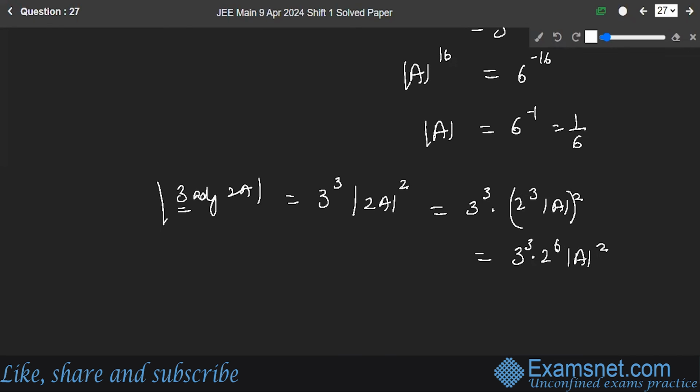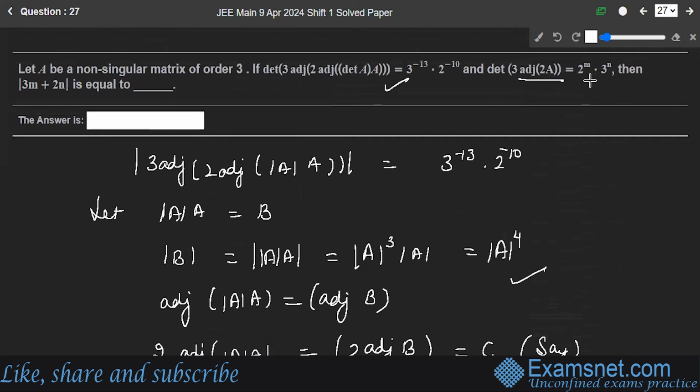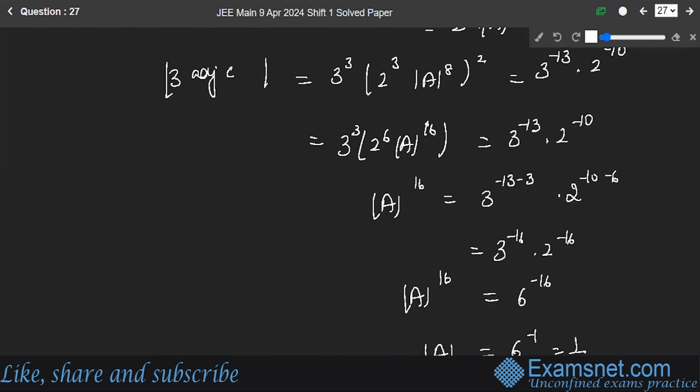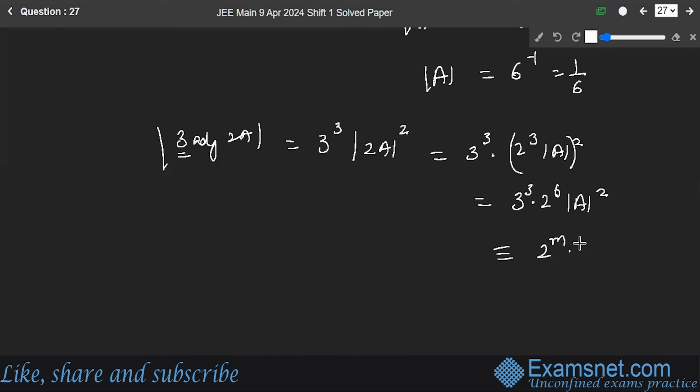Now you are given in the question that this is equal to 2 power m into 3 power n. And the determinant of A was equal to 1 by 6.